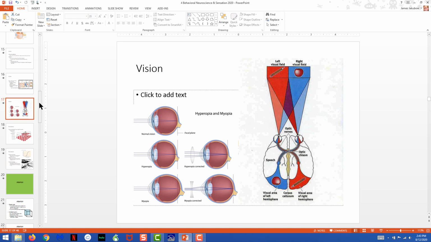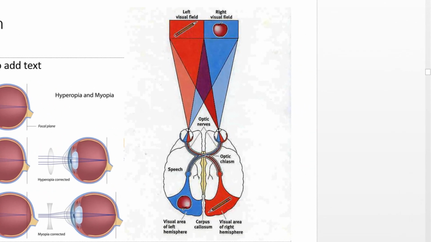In an aspect that I think is a bit more important, and this may be my own bias, is recognizing the wiring diagram of the visual system. There's an aspect here that you need to be very aware of, and that is when you take a look at the image on the right-hand side of the screen, it shows that the left side of each eye is wired to the left hemisphere's occipital lobe, and the right side of each eye is wired to the right hemisphere's occipital lobe.